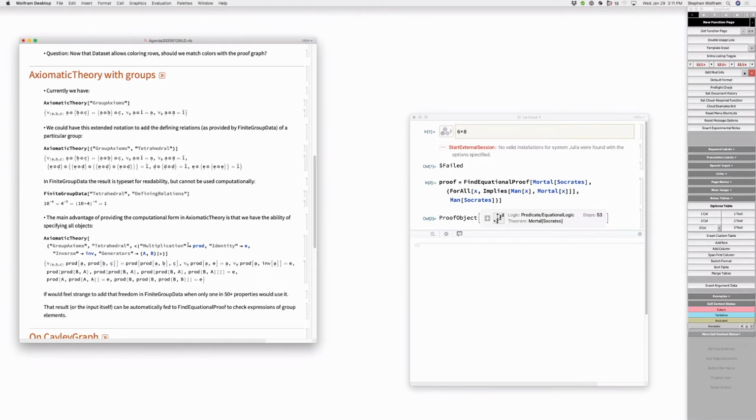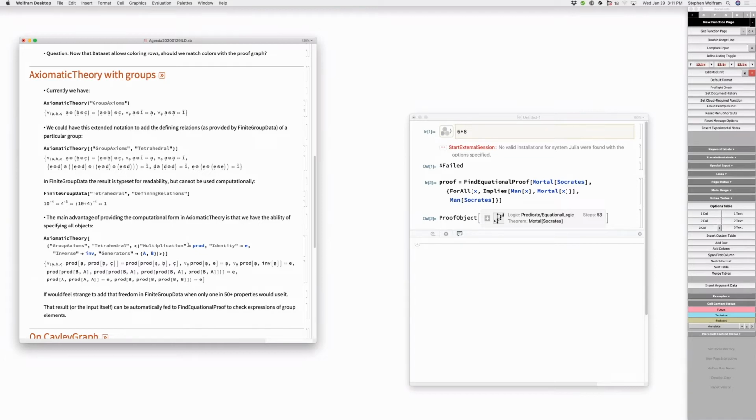And this could be passed directly to find the question approved. Very, very cool, in my opinion. And this is very nice. I prefer to have it in axiomatic theory rather than finite group data, because then it can follow directly the notation of specification of product, identity, etc. Right. Which is the last input.